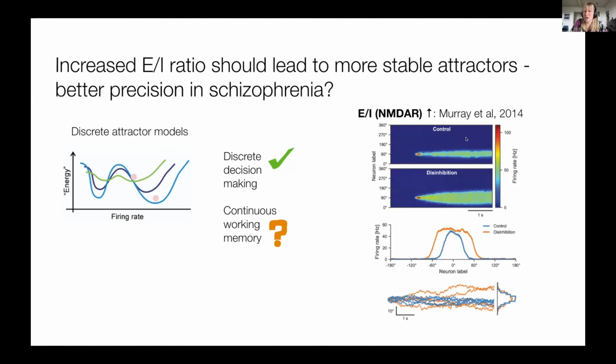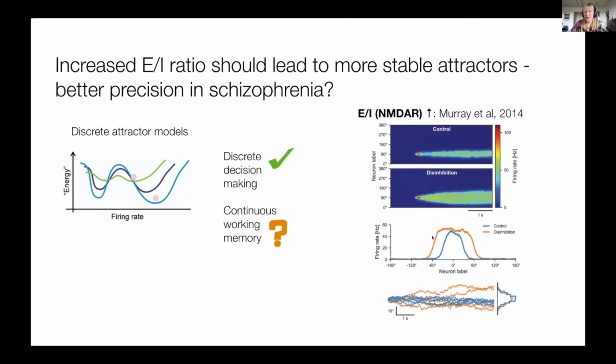What John Murray tried here, or what he succeeded in, was to model increases in diffusion of memories and also increases in distractibility in schizophrenia by increasing excitation in a network. Well, actually what he did was to decrease inhibition, but this results in increased EI ratios.